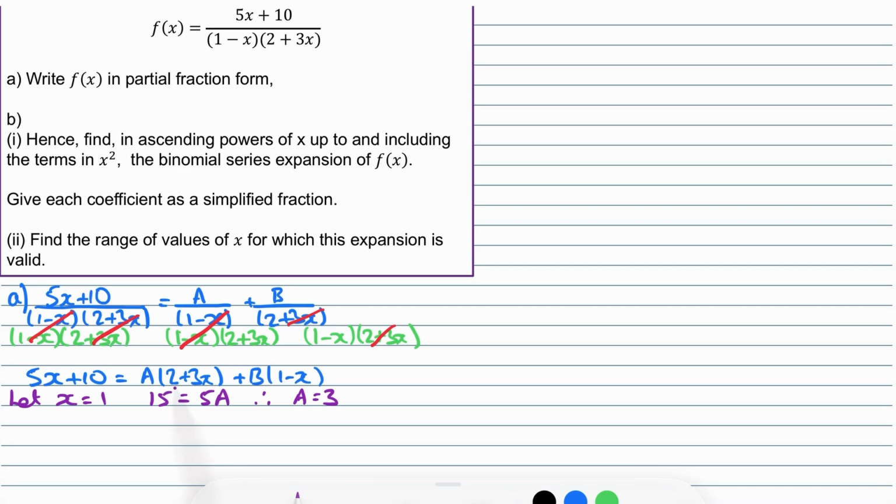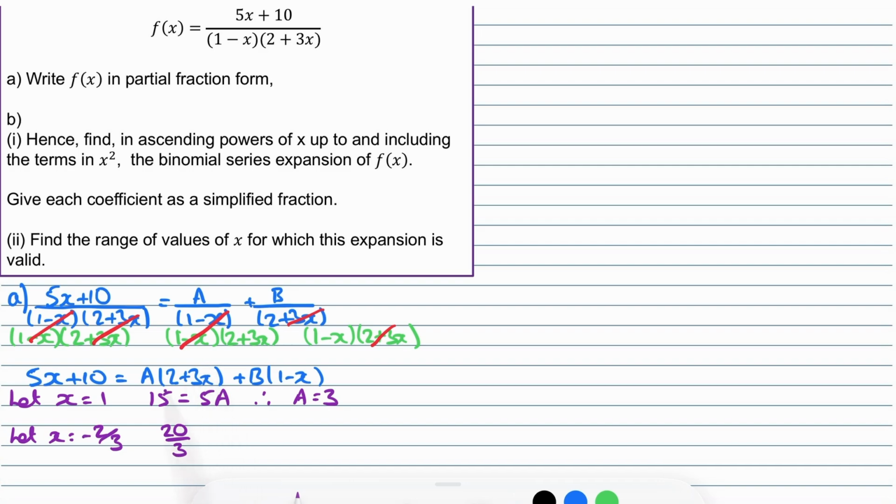And to make the 2 plus 3x bracket equal 0, we can let x equal negative 2/3. When we substitute this into the left-hand side, we'll get negative 10/3 plus the 10, so we'll get 20 over 3.